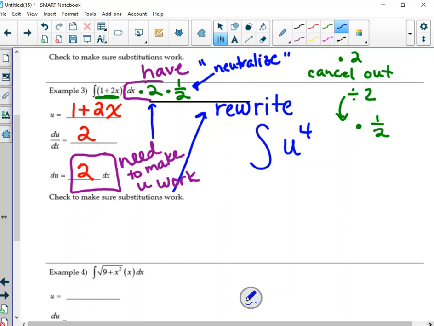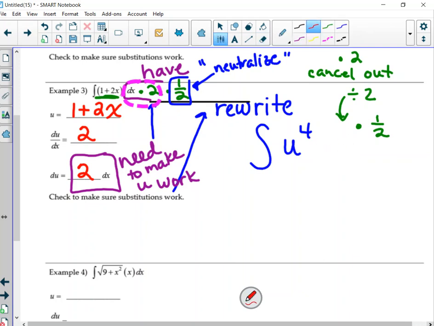Because now I can take that part, and what I just circled in pink is my du. And then the only other thing I've got to do is I can't just pretend the 1/2 isn't there anymore. But usually instead of leaving it inside, I put it on the outside.